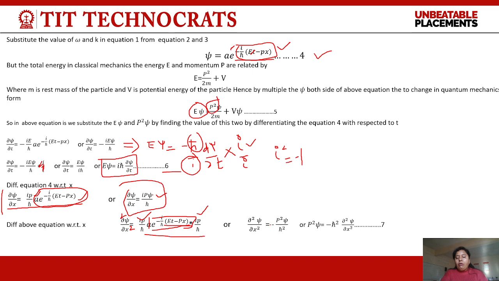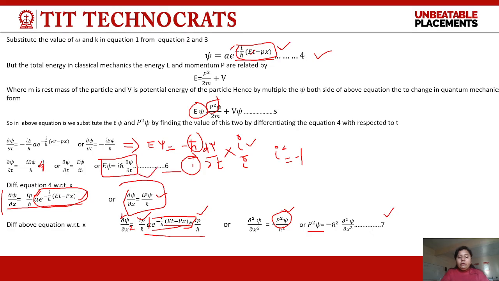So this is the value of del square psi by del x square. But I don't need the value of this. I need the value of p square psi. So what is p square psi? Minus h cut square del square psi by del x square. So now I have the values of p square psi and E psi.